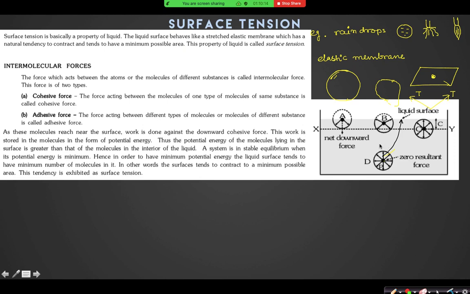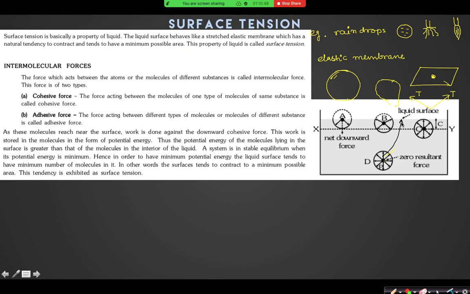Yes, we are doing external work against the downward cohesive force. As soon as the ball comes above this level, there will be a net downward force acting on it. So by taking this ball to the surface, some external work has to be done.